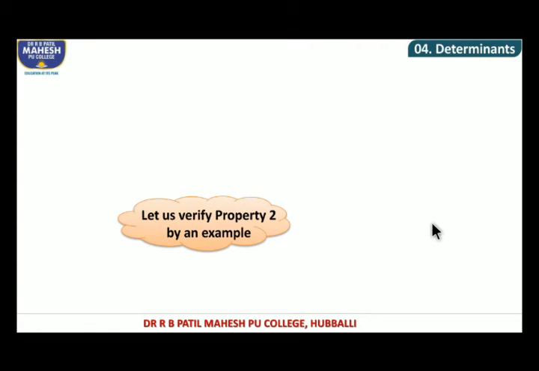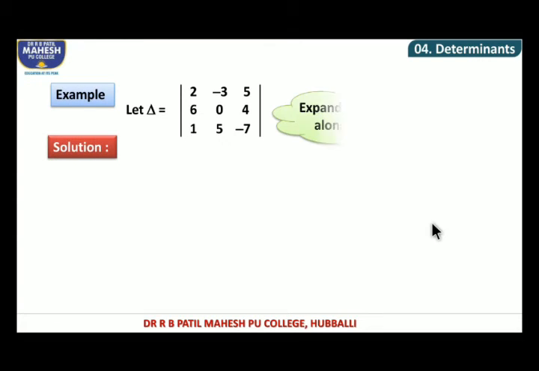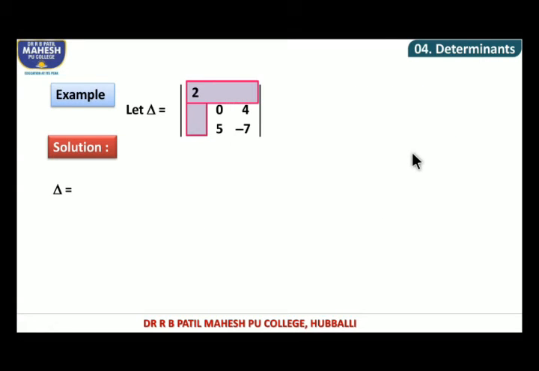Let us verify property 2 by an example. Let delta be the determinant 2 minus 3 5, 6 0 4, 1 5 minus 7. The solution is obtained by expanding the determinant along the first row. Along the first row we have the signs plus minus plus.